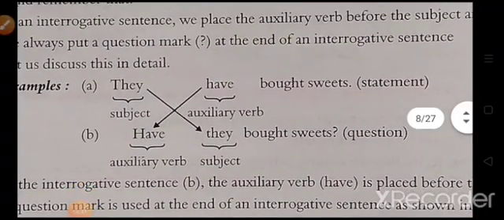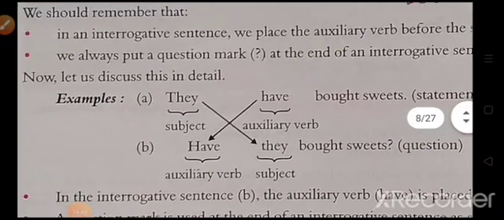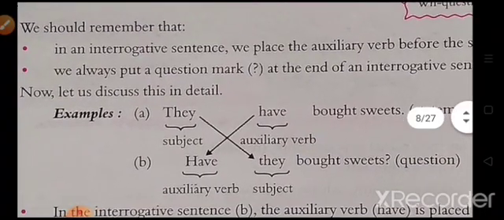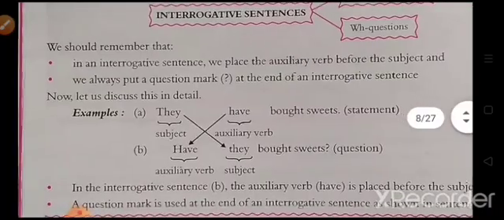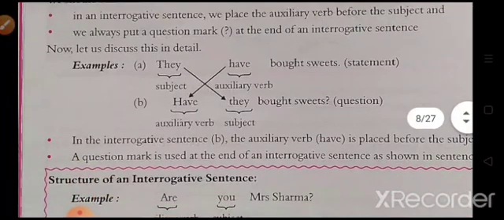As we have seen in the explanation, we should remember that in an interrogative sentence, we place the auxiliary verb before the subject, and the second point, we always put a question mark at the end of the interrogative sentence. Now let us discuss this in detail. Here we can see the example in your book. They have bought sweets.